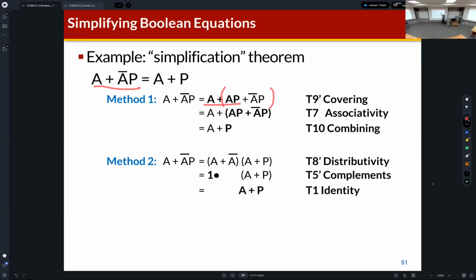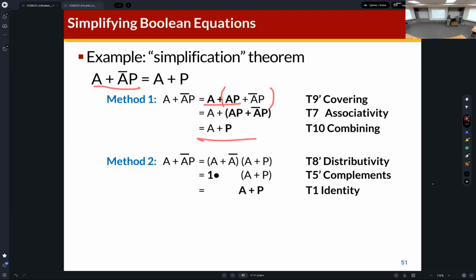This theorem is frequently used in Boolean algebra. So in AP plus A bar P, we can remove A bar. So this is the AP.